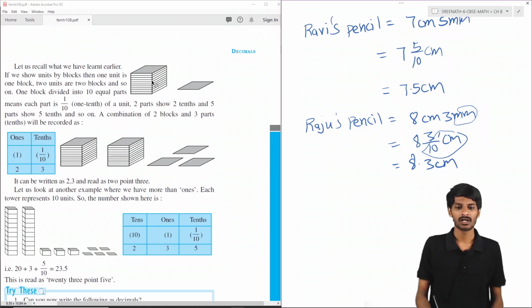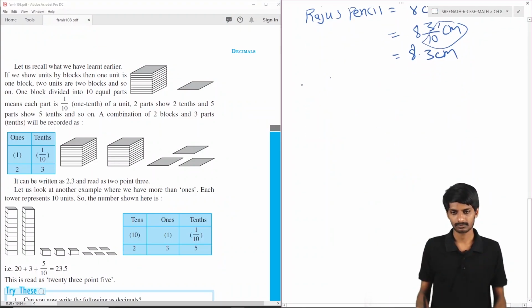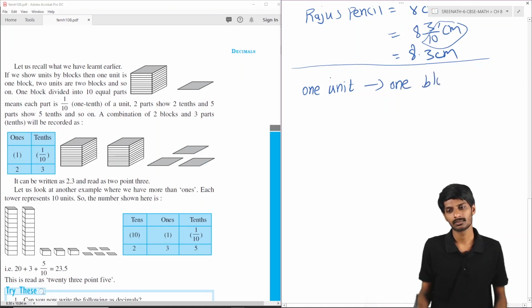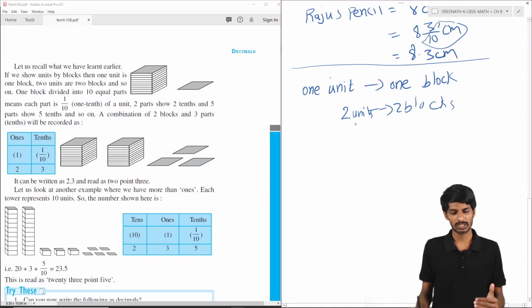If you take 3 units, you have to take 3 blocks. So I will explain clearly. Don't worry, students. 1 unit means 1 block. Then 2 units means 2 blocks. 3 units means 3 blocks, like that.